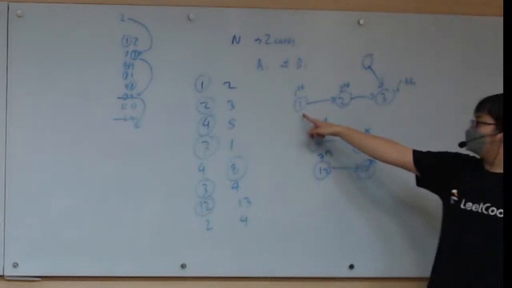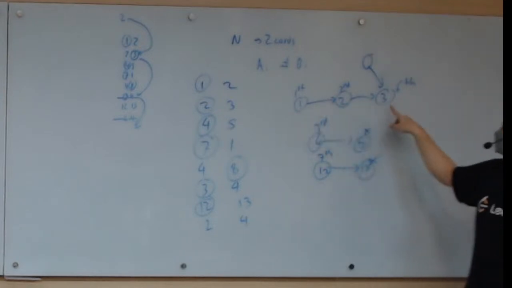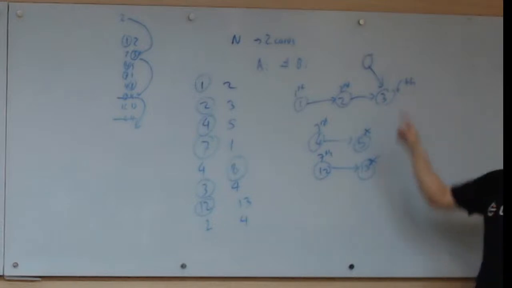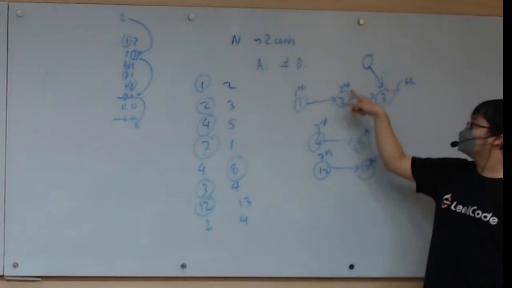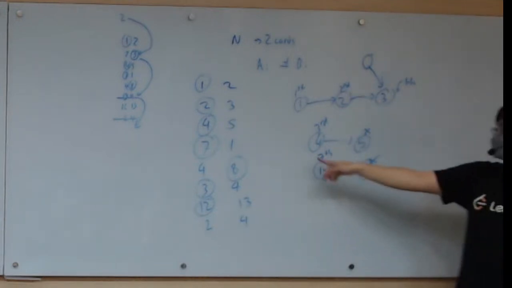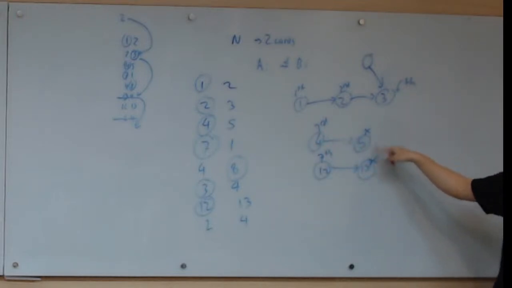And then if 1 is forbidden, this is the end of the traversal, and the 6th player will lose. Because the first player will play this, the second player will play this, and the 6th player doesn't have any choice, right? And then if let's say 4 is forbidden, the end of this is not played by anyone.